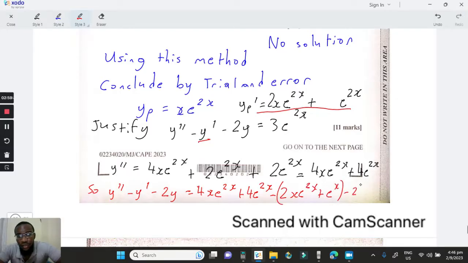Then we minus 2 times our y, and our y is x e to the 2x, and what we indeed get is 3e to the 2x.